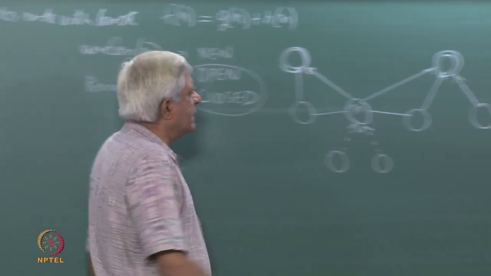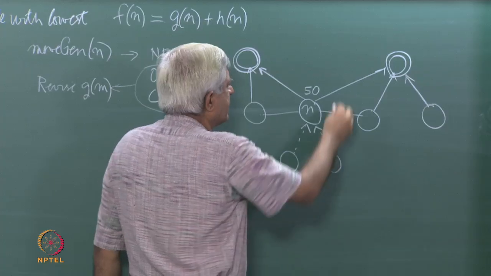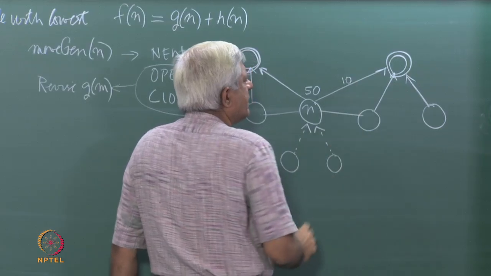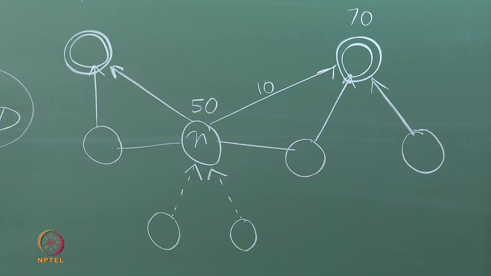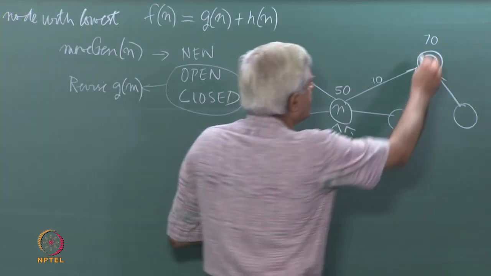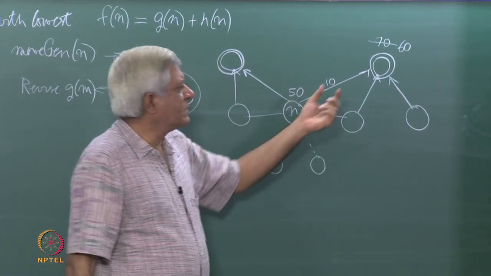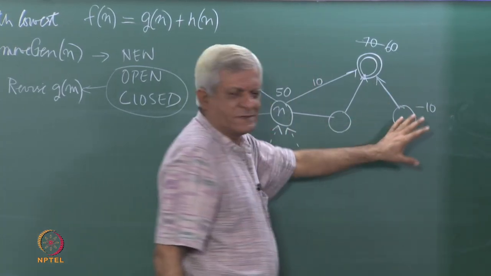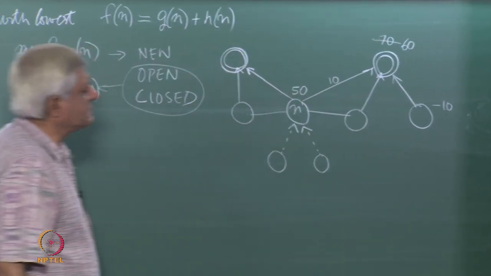So, for example, if the g value of this is let us say 50, and this edge is let us say 10, and if this g value was 70 for some reason, then we need to update that g value for that node, because now we have a cost of 50 plus 10, 60. So, we want to make this 60, and we have gained a value of 10, which must be passed on to this. So, this must be reduced by 10, and so must any children it might have. So, you need to propagate that value.